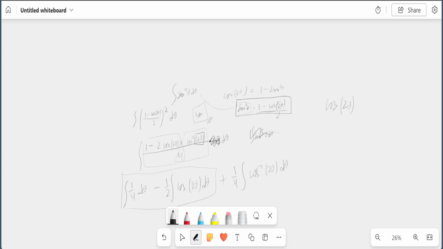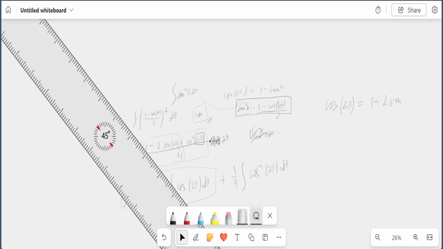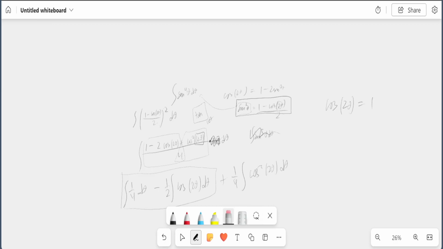Yeah, it's probably easier. Cosine 2 theta is equal to 2 cosine squared theta minus 1. Let's plug in 2 theta for theta, so then we get cosine 4 theta.